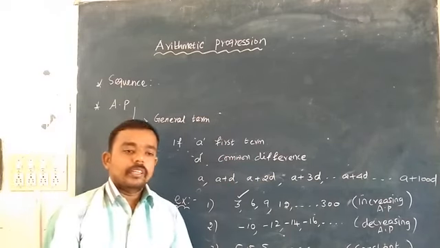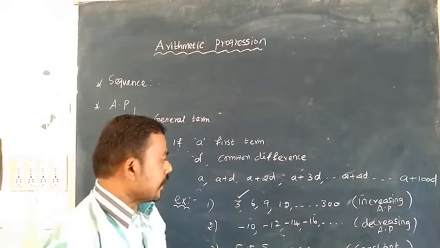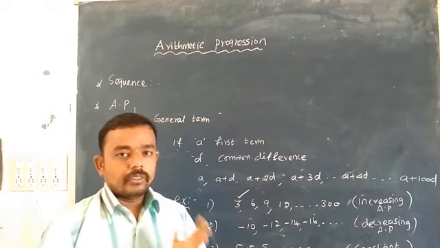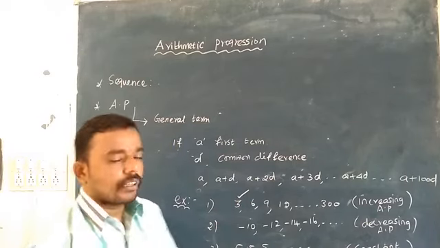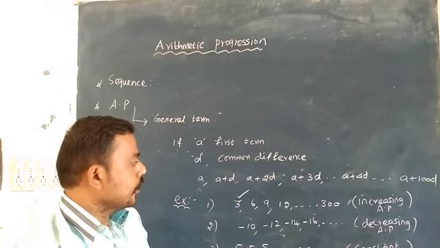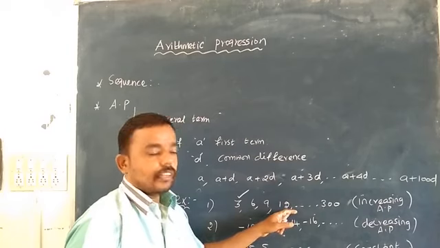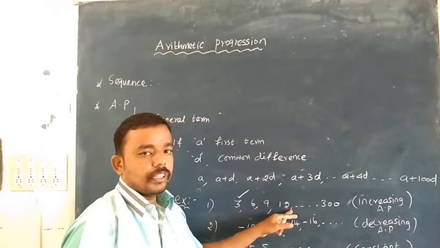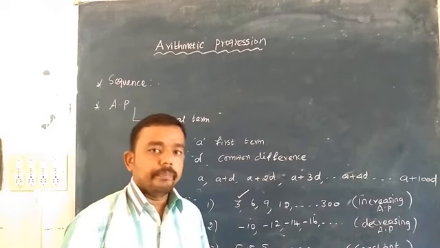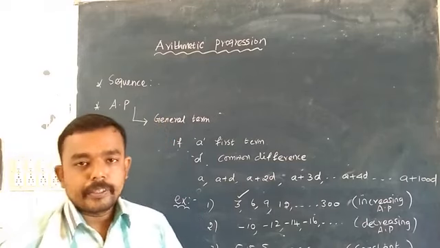So think about the terms, whether they increase, decrease or have no change. These are all some examples. You may come across many examples and you should check whether the difference D changes at any place. If it changes at any place, then definitely it's not an arithmetic progression.